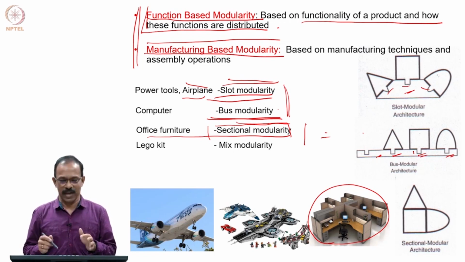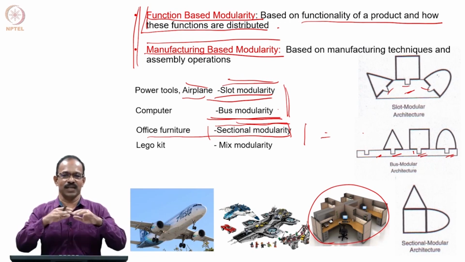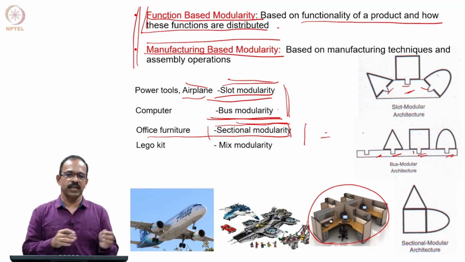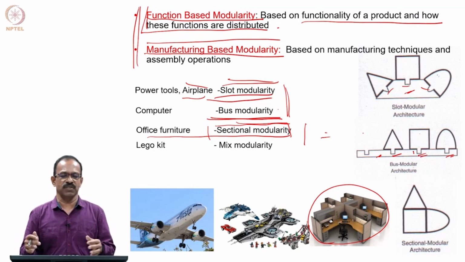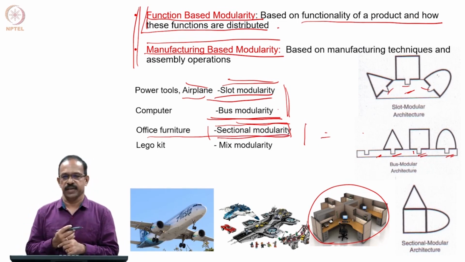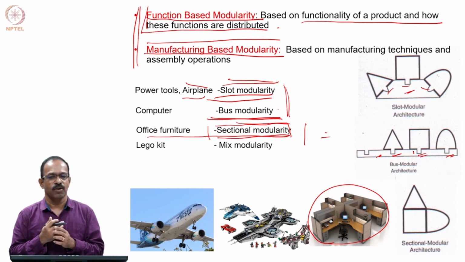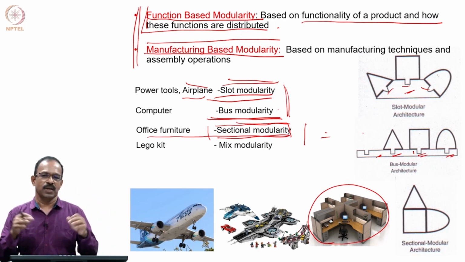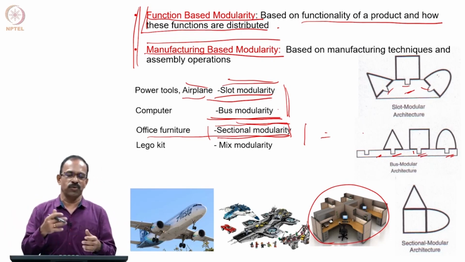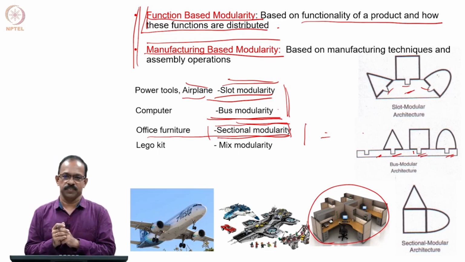There will be basic modules, the top plate, the legs, and then the support plates, etc. And then you start assembling them in different ways, you get different products. That is basically the sectional modularity, where there are no basic elements or basic platform, but every module contributes to make a structure or a product.